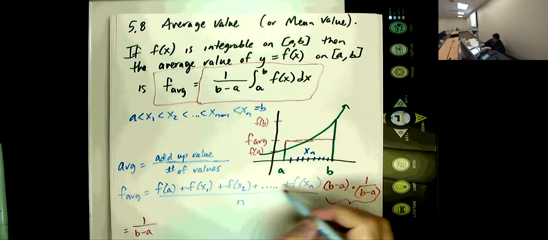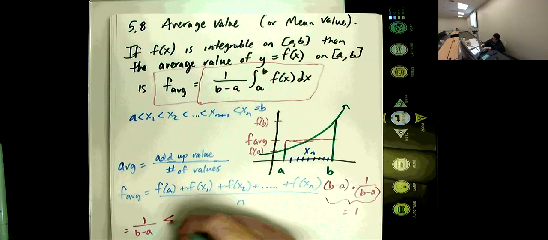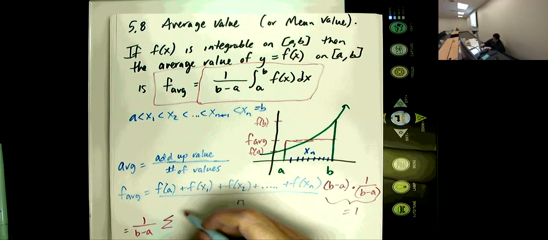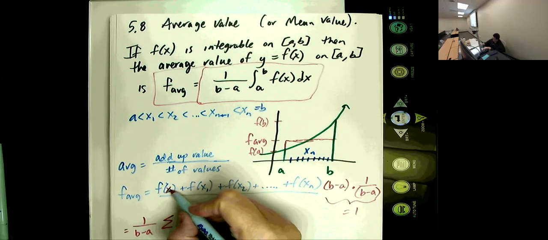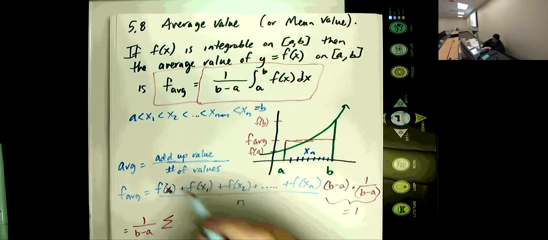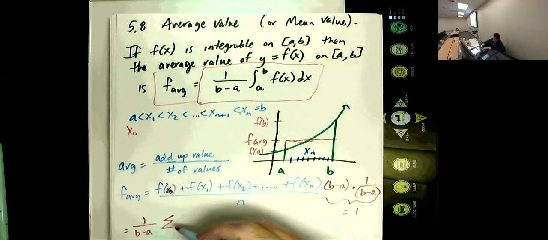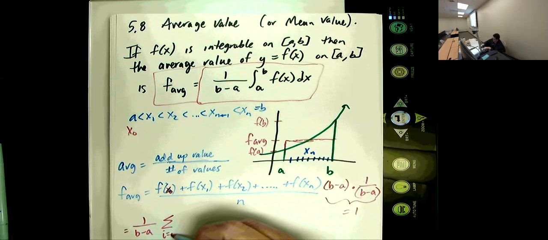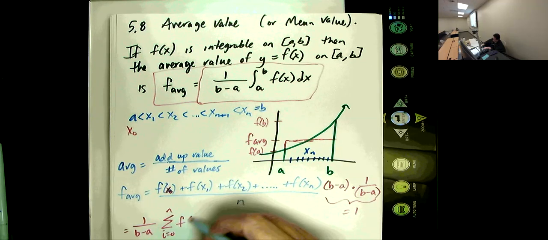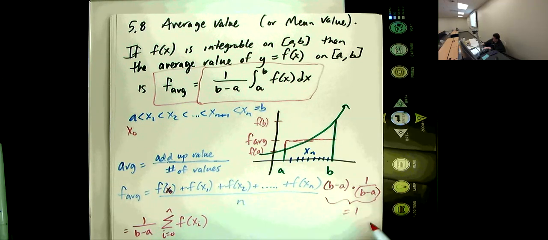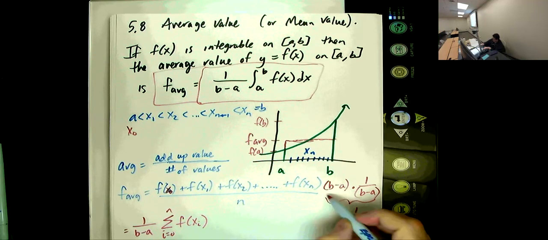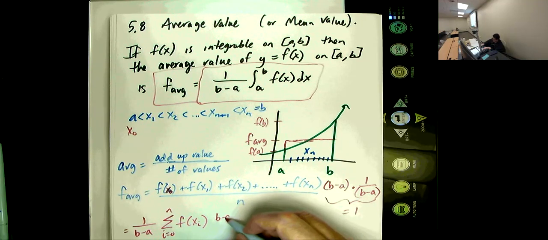And then I'm going to write the top thing as a sum. Maybe I'll call a x0. We're going from i equals 0 to n, f of x sub i. And what I have left over is b minus a over n.